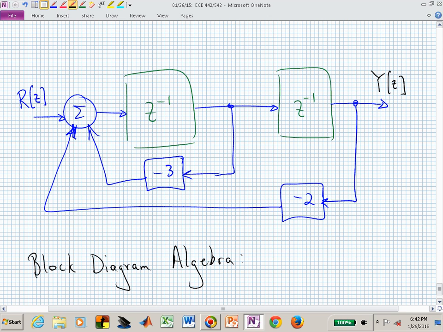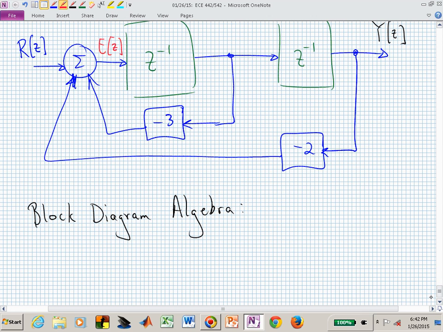The strategy here, I wouldn't call it a trick, is to focus on the outputs of the summing junctions and write equations in terms of those variables. I'm just going to call that E because a lot of times that's a generalized error signal, so it's just convention to have that be E.